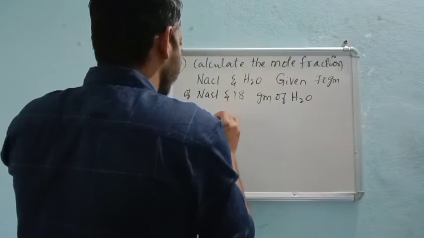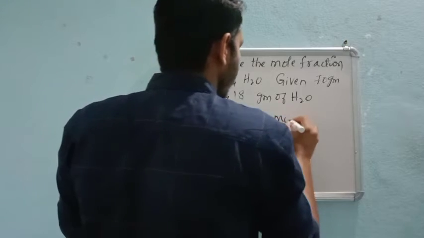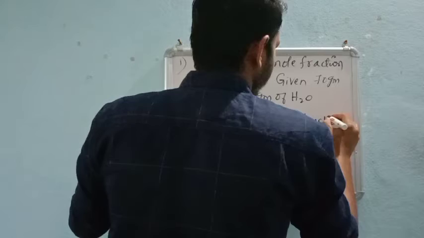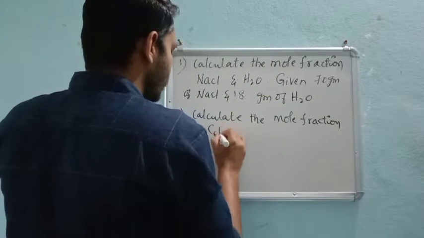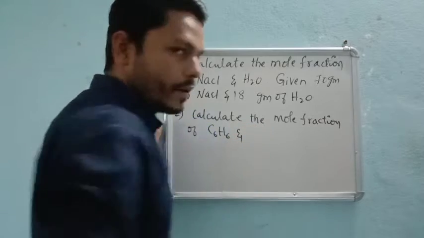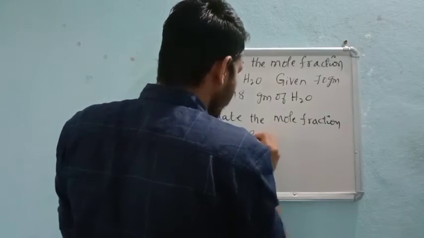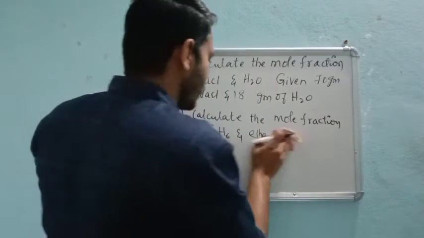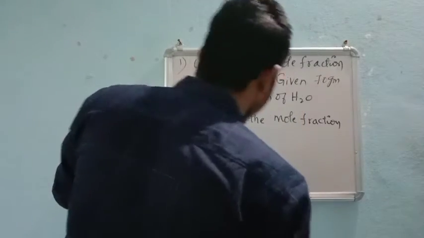One more, if you want, you can take. Calculate the mole fraction of benzene, that means C6H6, and ethanol. Sorry, for ethanol I will give you the formula itself, because some of you might not know the formula.